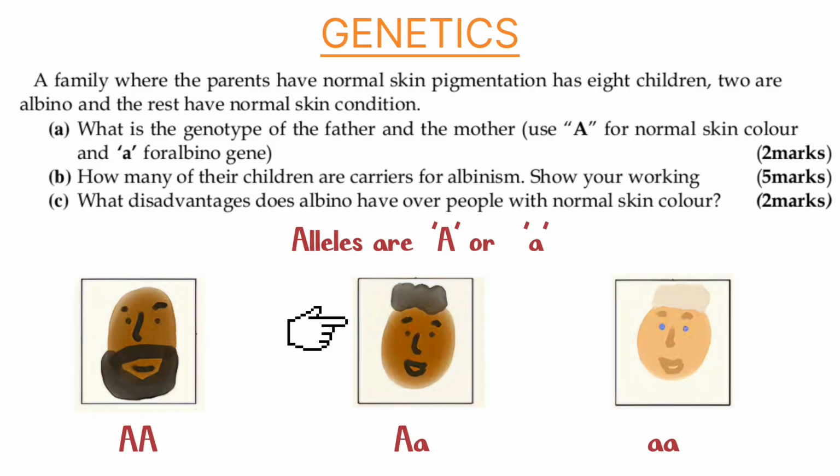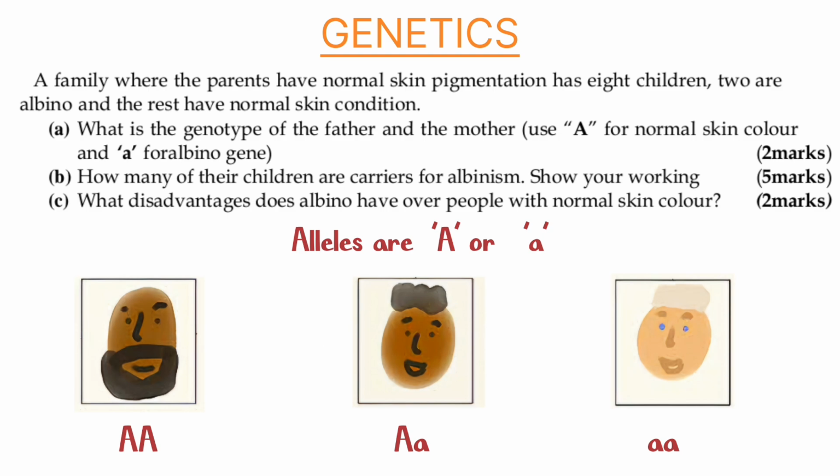Heterozygous simply means that they have 2 alleles that are different, as is in this case. So individuals with this genotype are going to have normal skin pigmentation, but they are going to be considered carriers. That means that they have this allele within their genotype, so there is a possibility that they can pass it on to their offspring.